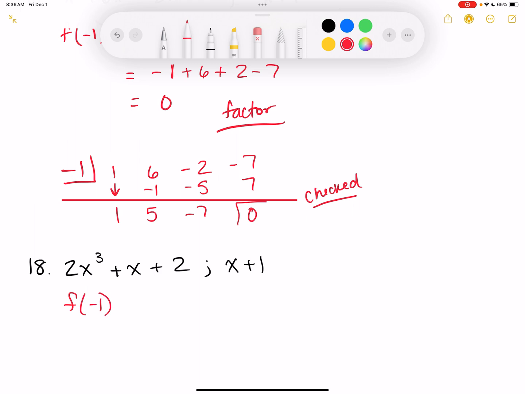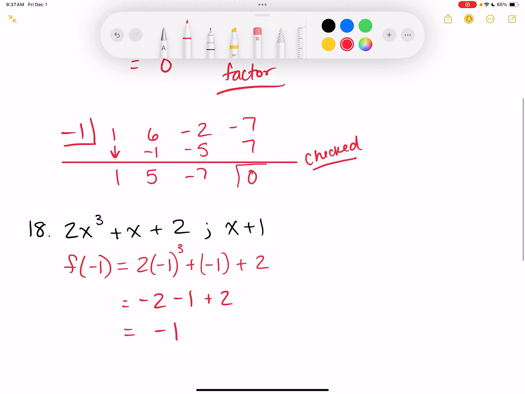So then I have 2 times negative 1 cubed plus negative 1 plus 2. All right, let's see if I can do this right this time. Negative 2 minus 1 plus 2. So that's equal to negative 1. And so it is not a factor.